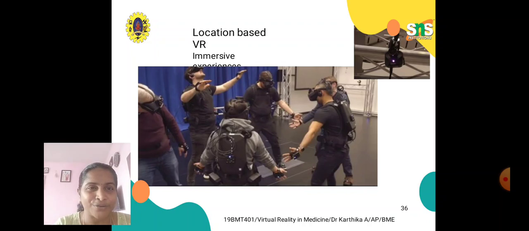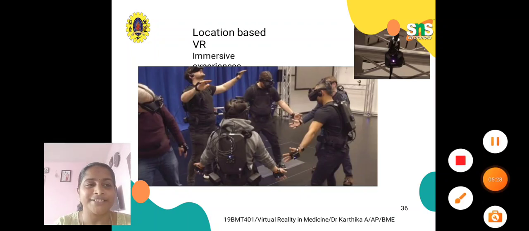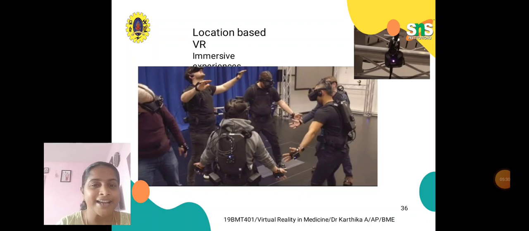Next one is location based VR. It is a fully immersive experience. Imagine you are in Shimla, the real world Shimla, it provides a real world Shimla experience, as if it wants to communicate with us.